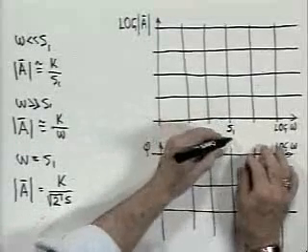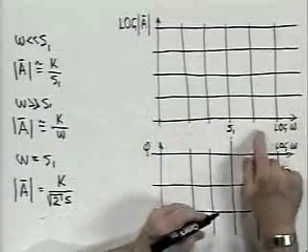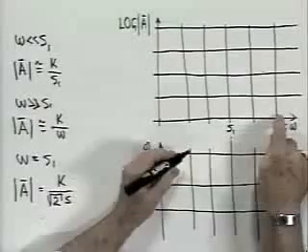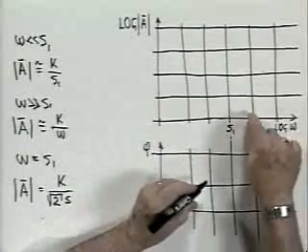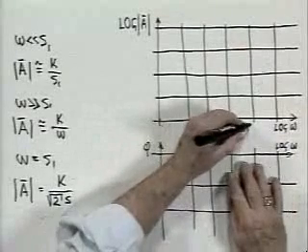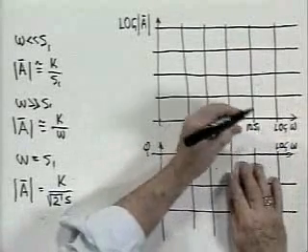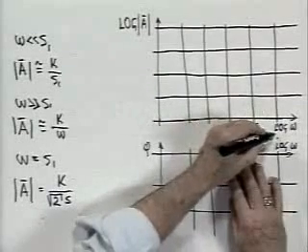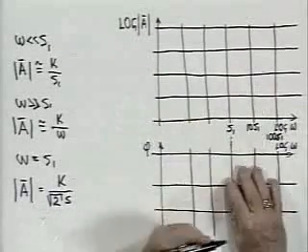Then, these are decade divisions on a log-log scale, so one division over will be 10 S1, and two divisions over will be 100 S1.